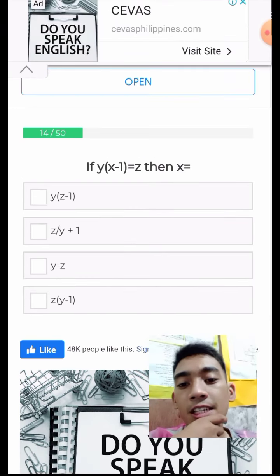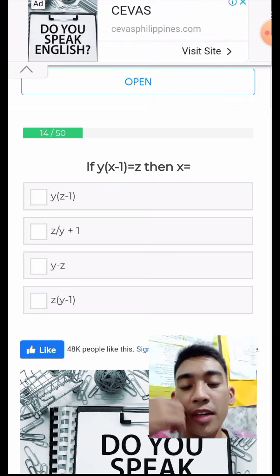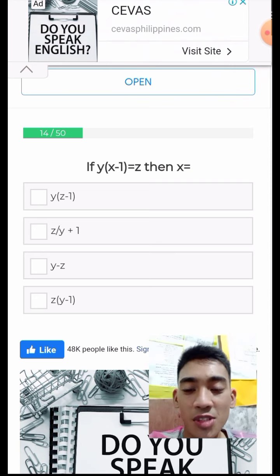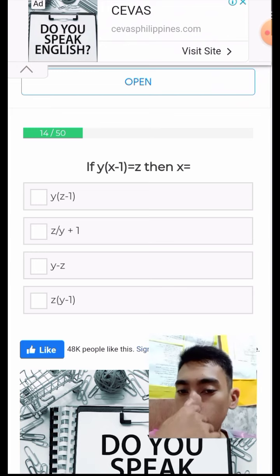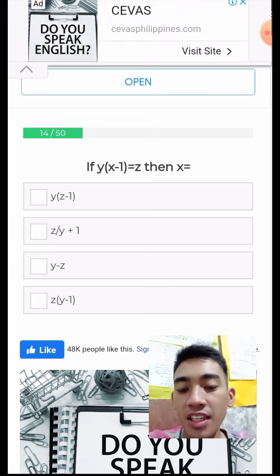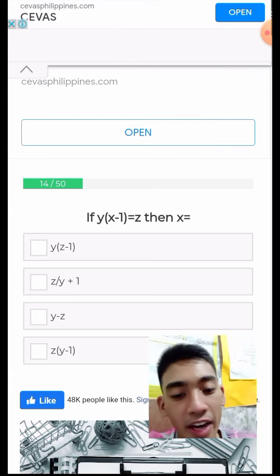Next, if y multiplied with the quantity x minus 1 equals z, then x will be? So simply divide both sides by y first.